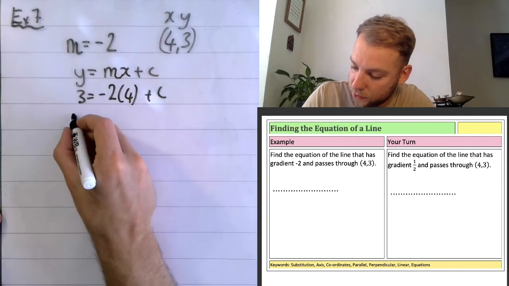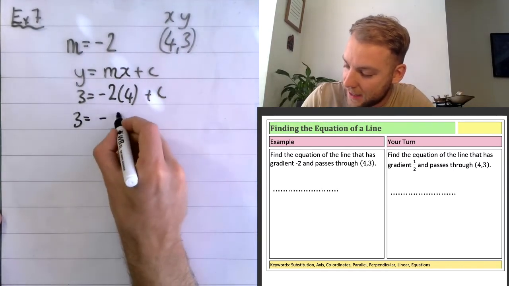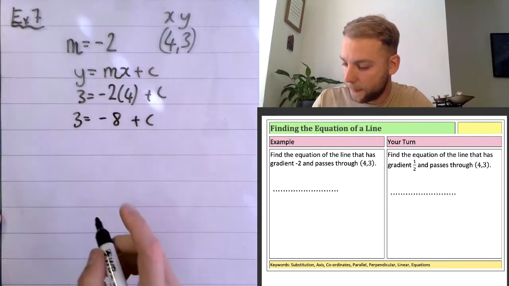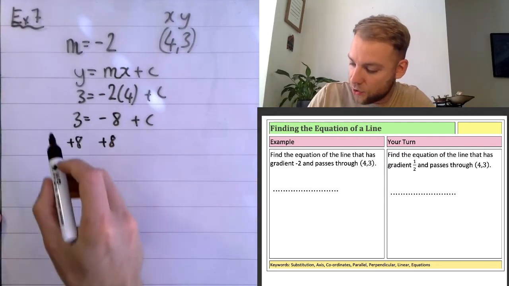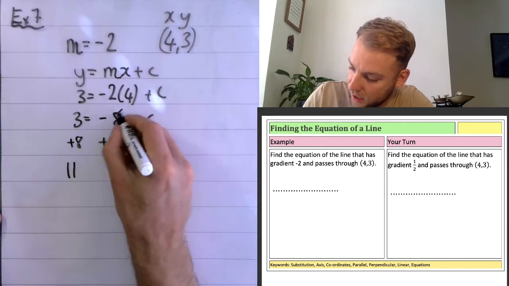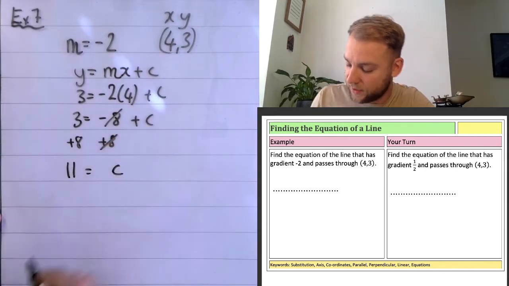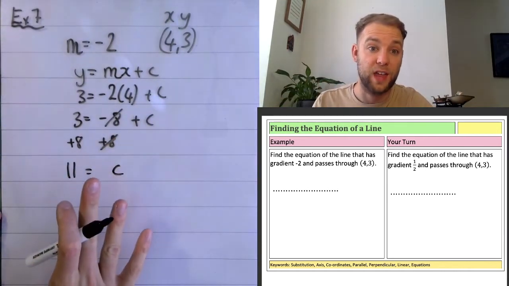Then I multiply those two, so 3 is equal to negative 8 plus c. And then take the 8 over to the side, so plus 8 plus 8. So 3 plus 8 is 11. Add 8 to the right-hand side, I'm just left with c. Remember, I've not finished there.